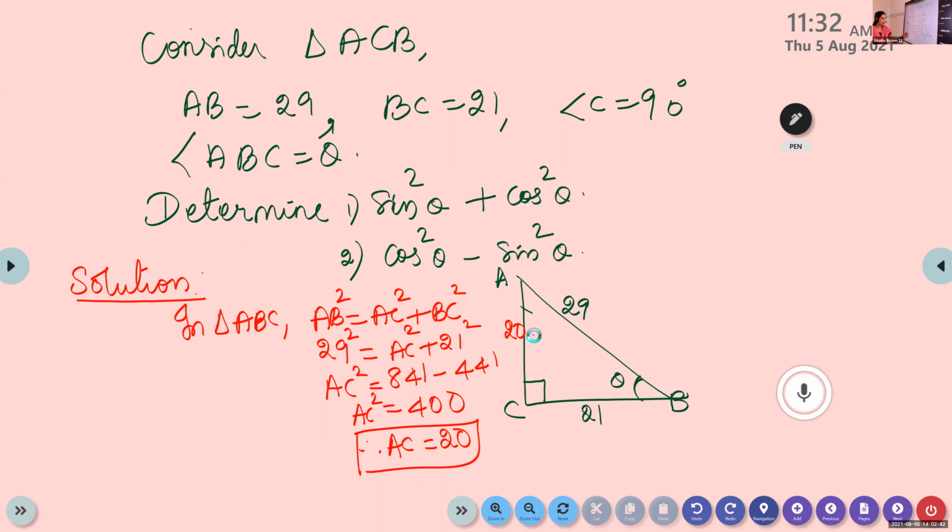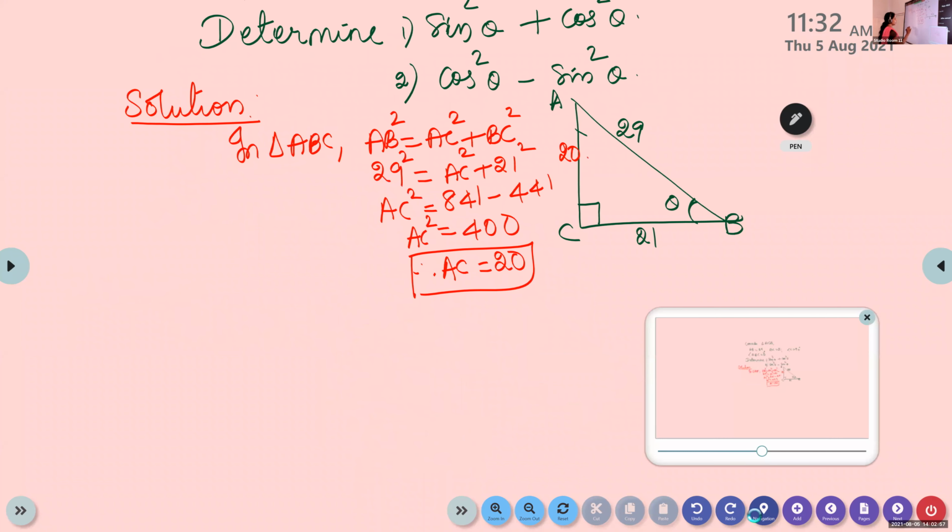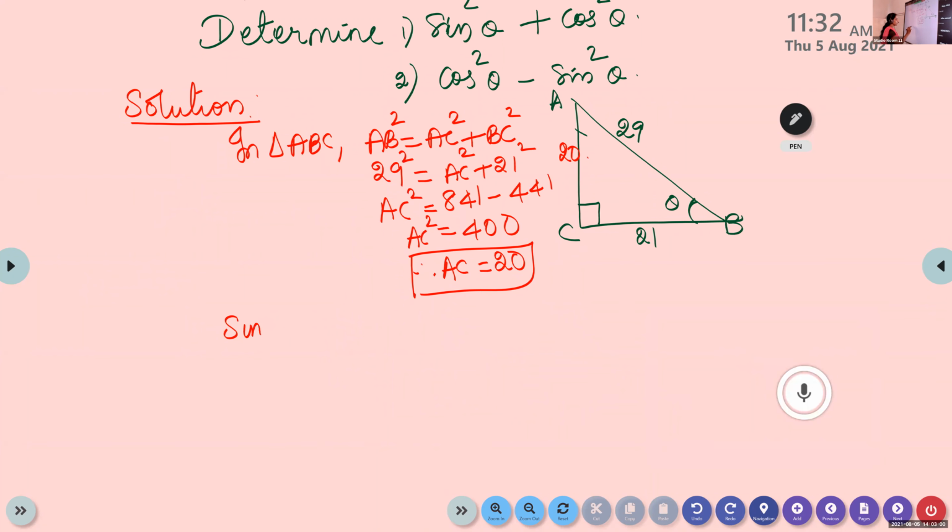So now we know all three sides of the right angle triangle. If all three sides are known, we can define the ratios. I'm going to define sine theta.